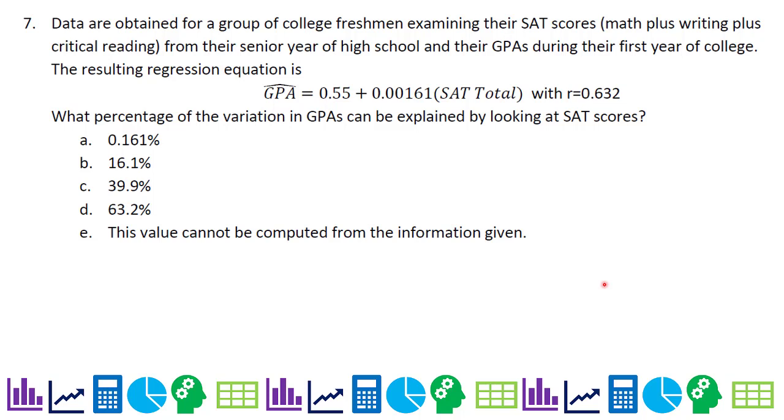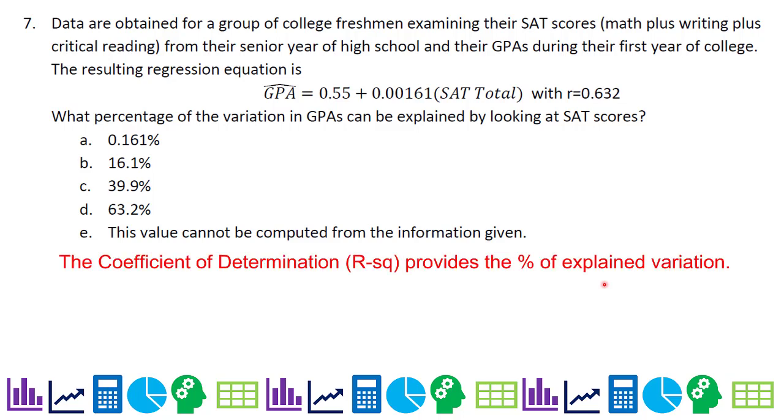What percentage of the variation in GPAs can be explained by looking at SAT scores? So we want r squared, which is the coefficient of determination. And all we have to do is square r, and we get 0.399. And we basically move the decimal and change it to percent. The answer is C.